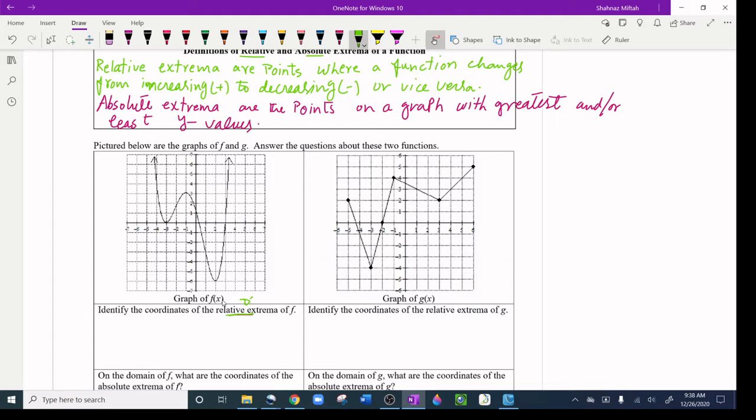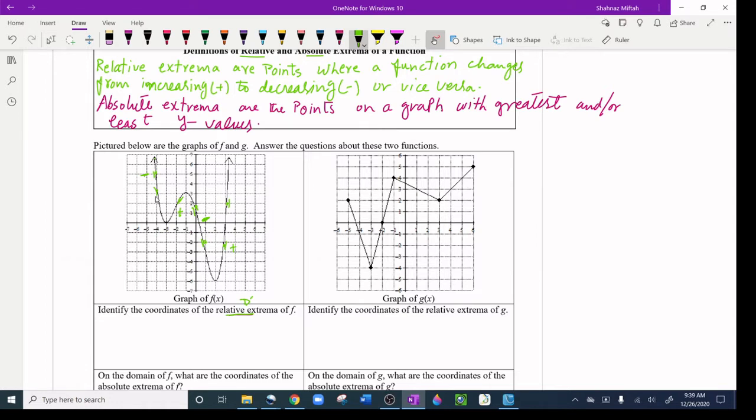So on this one, when I draw the tangent lines here, I'm getting negative slopes. Here I'm getting positives. Here negatives. Here positives. So you can tell where it's going positive to negative and negative to positive.